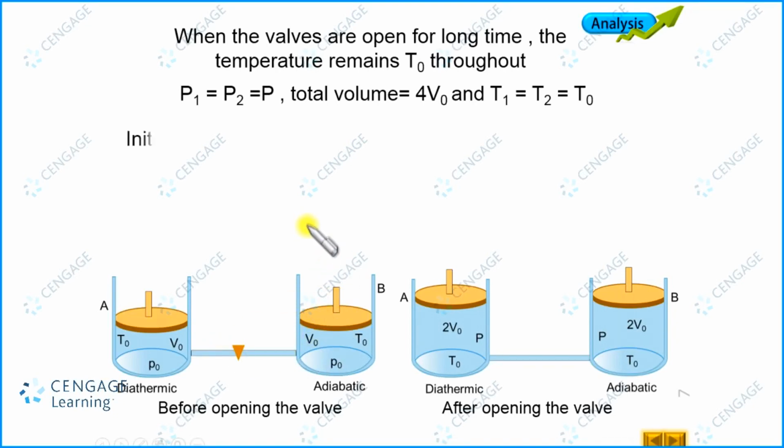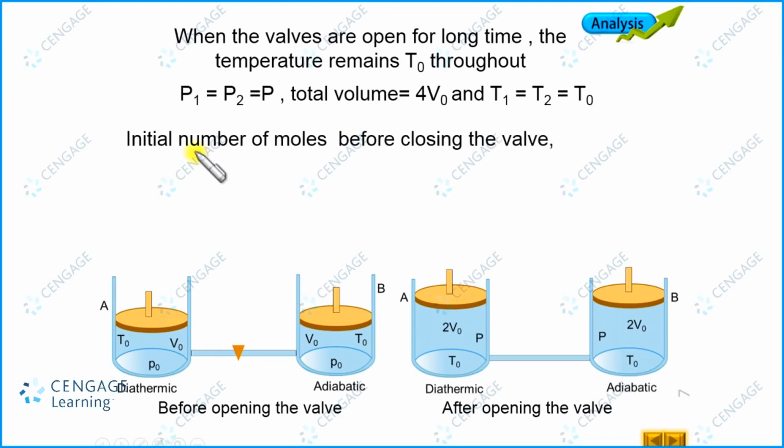So the number of moles at the initial state equals P naught 2V naught divided by RT naught. Okay, now we open this. That means the final pressure is P. The final volume is 4V naught. And the final temperature T naught.